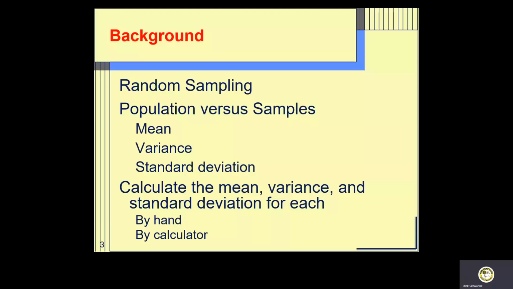Now, by way of background, the first thing we have to do is actually get our data, and so I'm going to random sample using the random number table to generate that. And we want to be cognizant of the idea that there's populations and samples. In both cases, the mean is gotten by adding up all the numbers and dividing by how many data points we have.